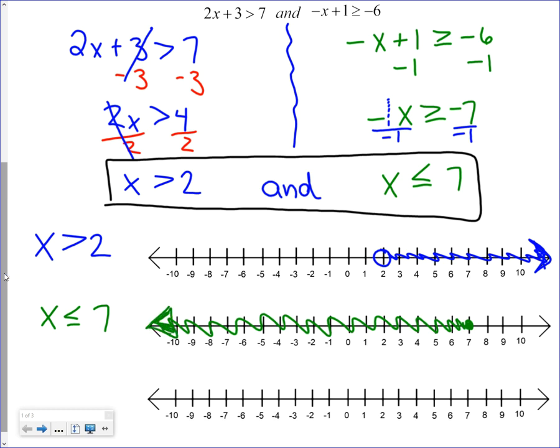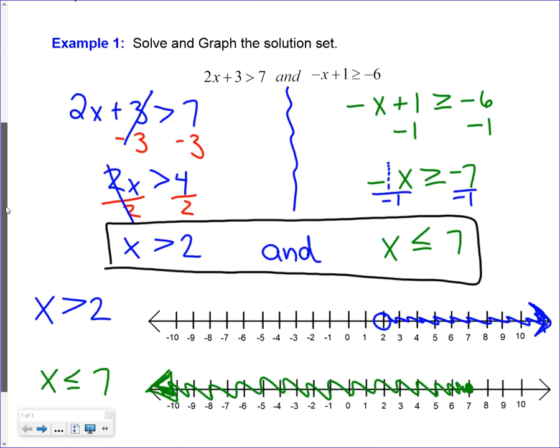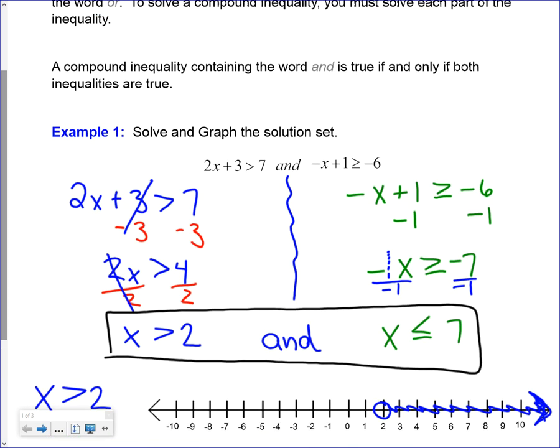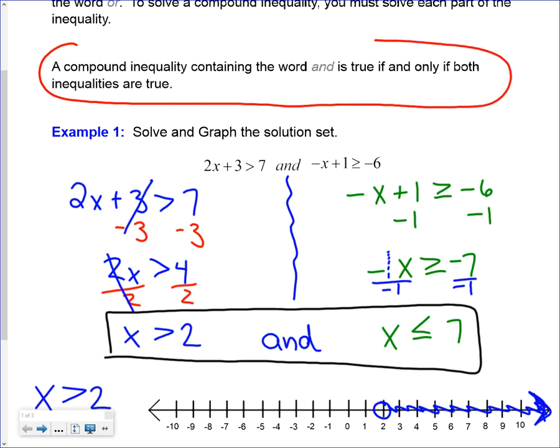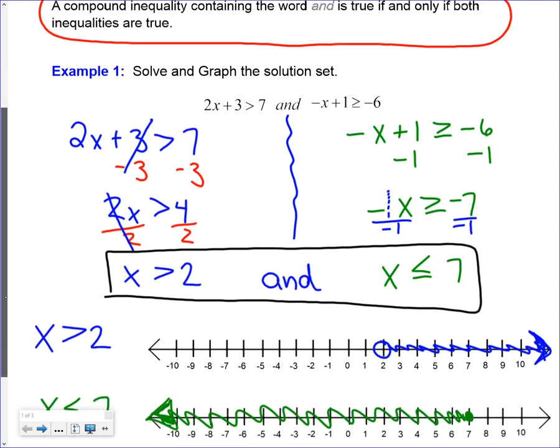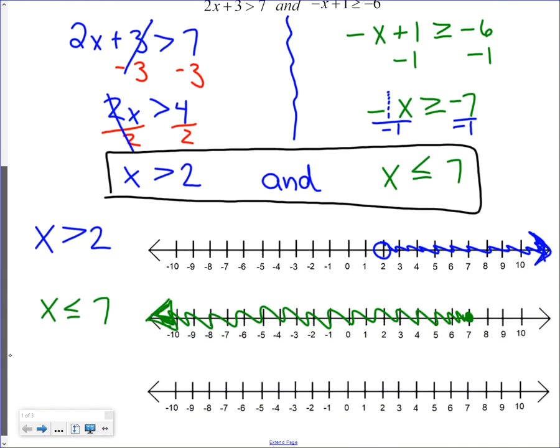Okay? Now, this is a compound inequality. And remember the sentence I gave you up here. A compound inequality containing the word and is true if and only if both inequalities are true. So what that means is you've got to find the solutions that are common to both of these graphs.